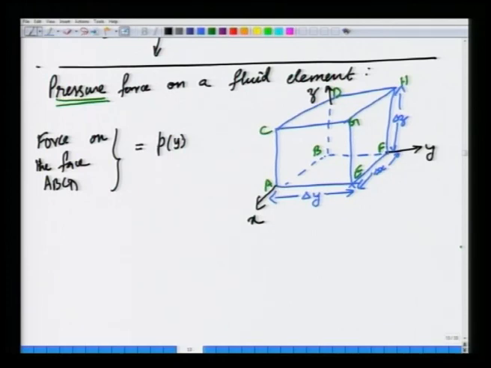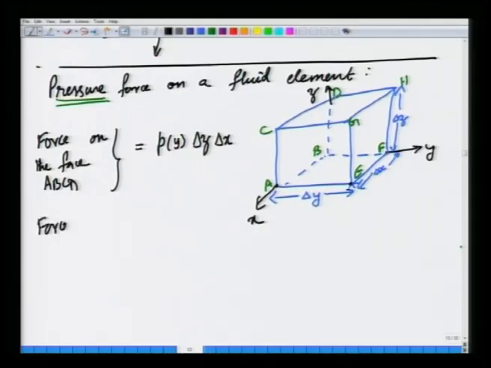This pressure in general will be different from this point to this point. Since this is a tiny volume element, the pressure at a given phase is essentially the same, but its value will change from one point to another. Times the area of this element, which is delta z times delta x. So, this is the force acting on the phase ABCD.